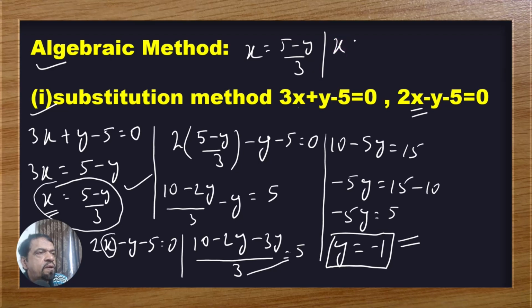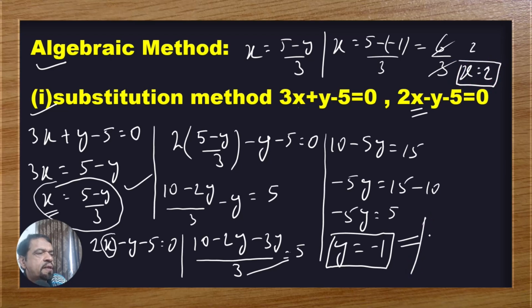So x is equal to 5 minus of minus 1 upon 3. So 5 plus 1, 6 upon 3, it is 2. So x is equal to 2. So this is the answer: x is 2, y is minus 1. This was the substitution method.